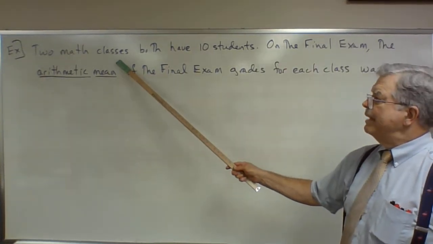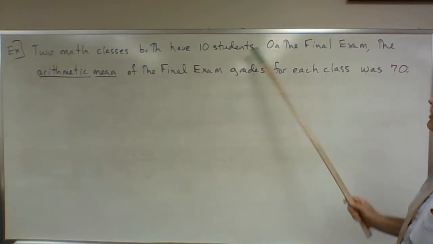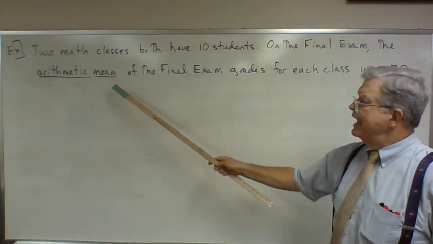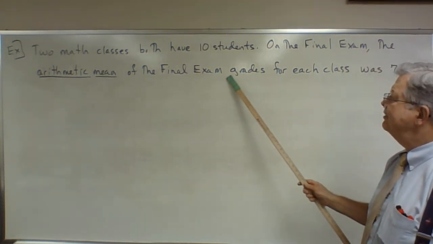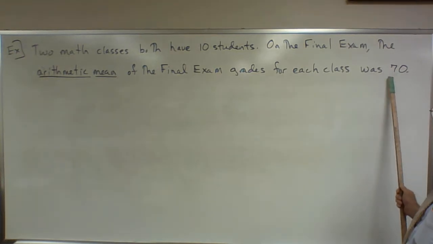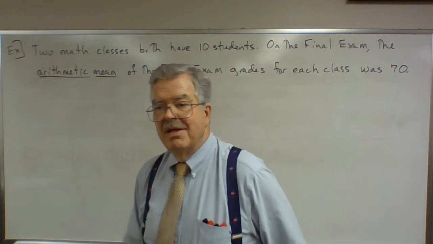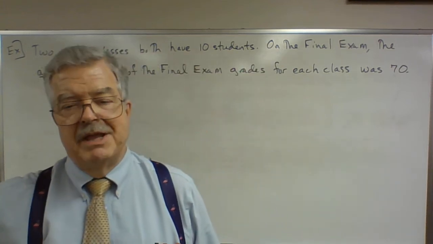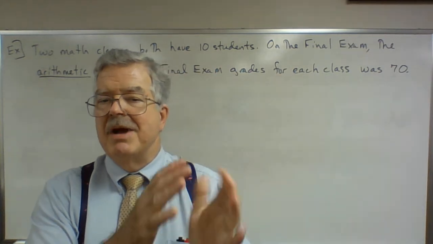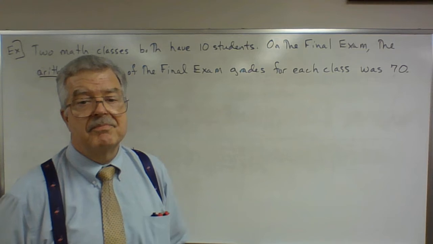Consider this example. Two math classes, both have 10 students. On the final exam, the arithmetic mean of the final exam grades for each class was a 70. The arithmetic mean: we add up all the final exam scores and divide by the number of students, which is 10 in this case.